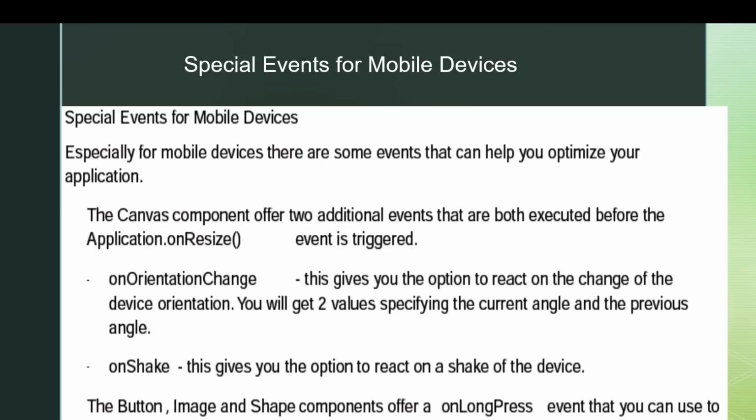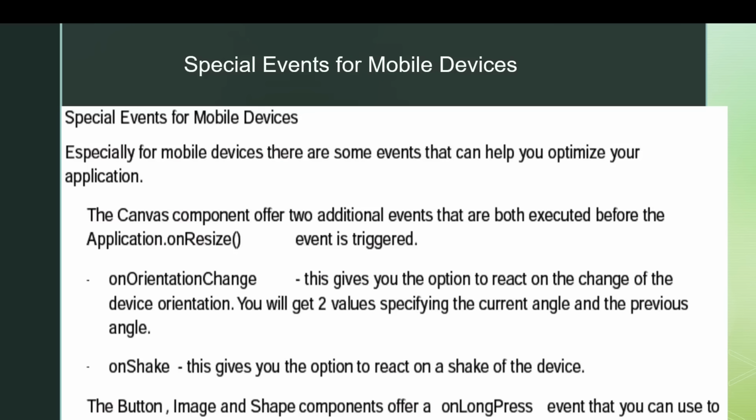For example, if we have two different devices with different screen sizes, and we run our application on the first one, this code will adjust the size of the widget and move the widget accordingly. Another trigger is on shake. Whenever we shake our mobile device, this trigger will execute automatically.